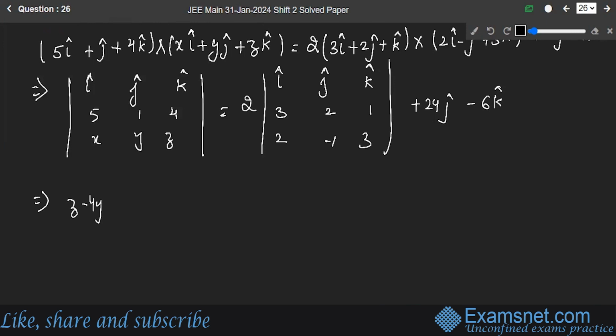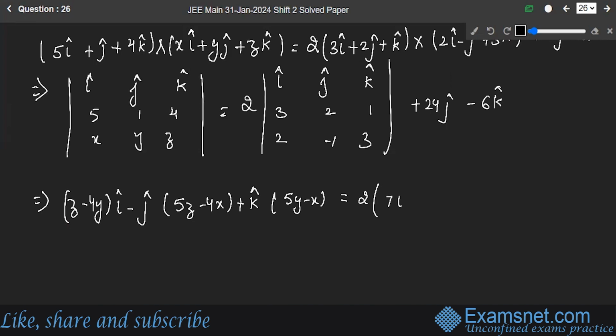z minus 4y i, minus j (5z minus 4x), plus k (5y minus x), is equal to twice of this, which will give me 7i, minus 7j, and minus 7k, plus 24j minus 6k.